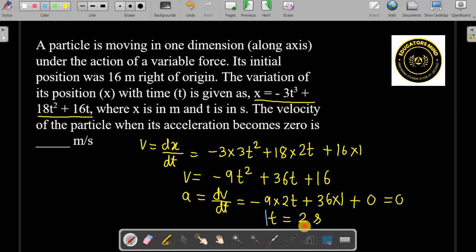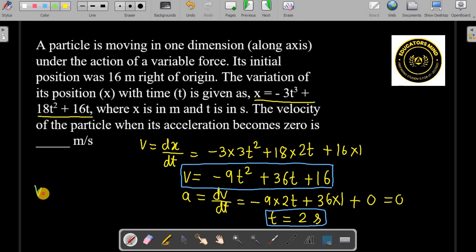Once we calculated this time, what do we need to do? We need to substitute back in the velocity, because they are asking for velocity. So let us substitute the time and calculate velocity. Velocity will be minus 9 into 2 square plus 36 into 2 plus 16. So how much is this going to come?